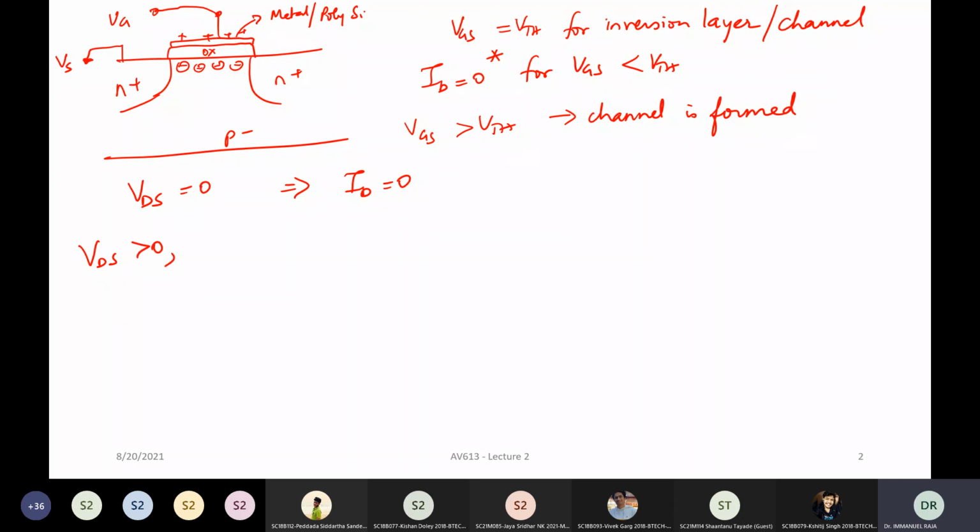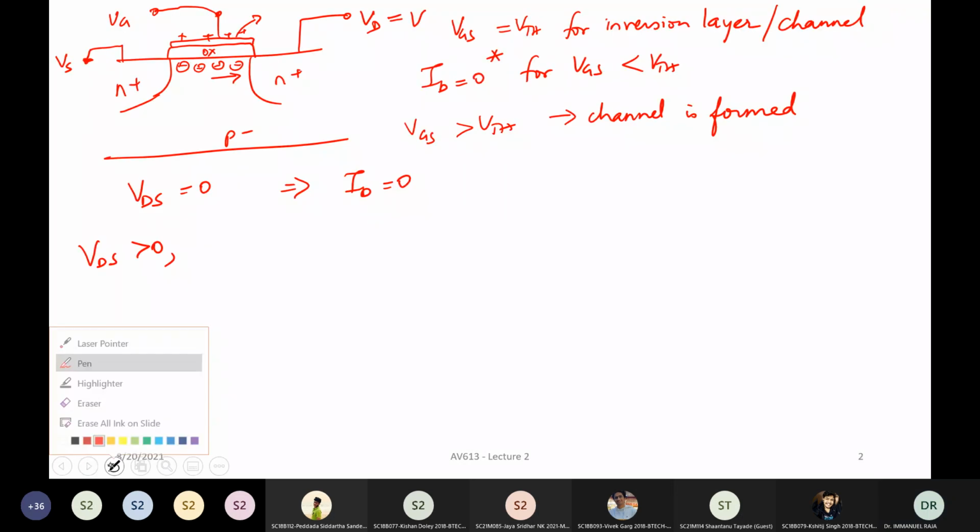Now what happens to this particular channel is that let us say we have given a certain VD, equal to some V, so this is a positive voltage. This side is more positive than the source side, and therefore the electrons are going to flow in this direction.